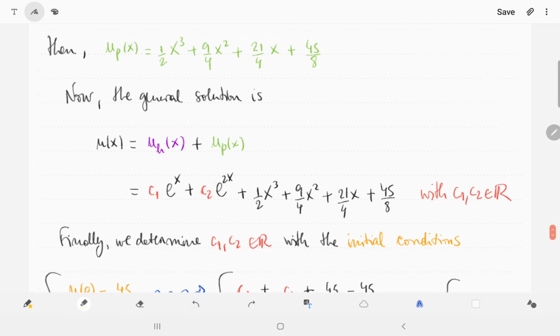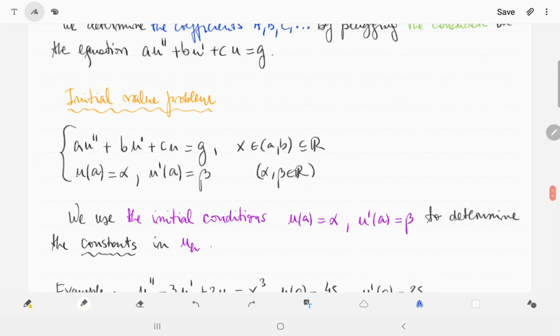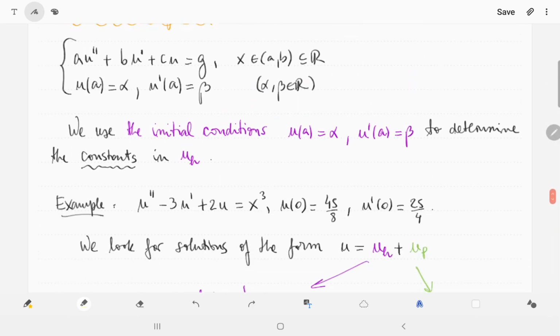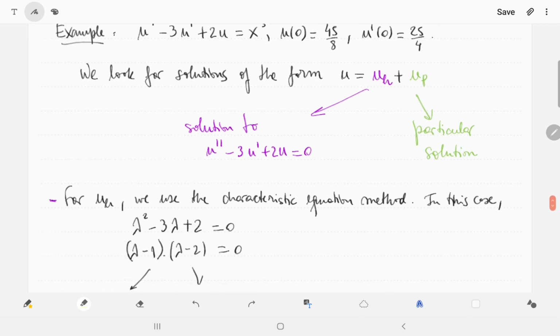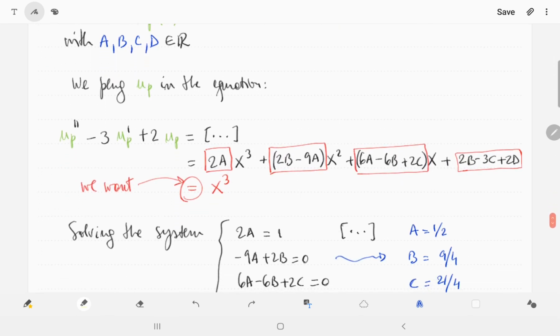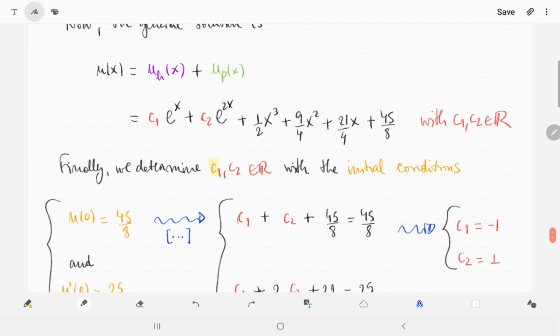But don't forget that we are solving this initial value problem with two initial conditions. And it's not a coincidence that we have two initial conditions and two constants to be determined, C1 and C2. So we will determine these two constants with the two initial conditions.